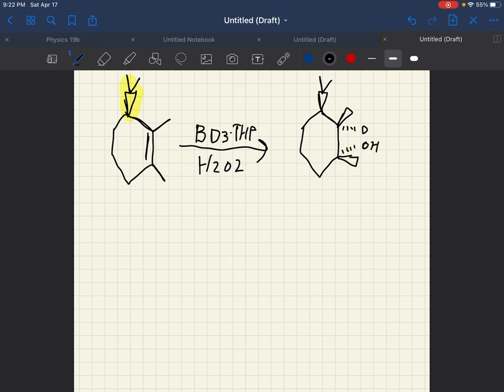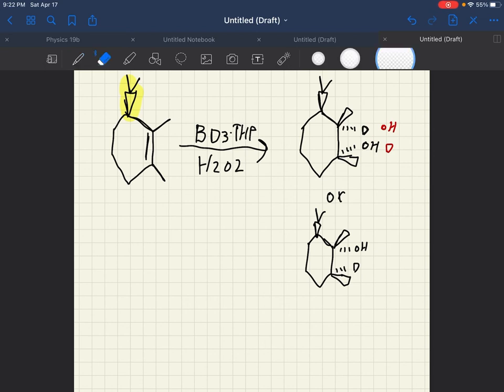And actually, the D could go here, or it could go here, and the OH could go here, or it could go here. And that's just because no matter where you put them, they're both equally stable. So it could go either way. So this would also be correct. You don't have to draw both of them, but just to show you that these would both be correct. And you would not lose points if you did it this way, because there is no real difference. Either one could happen. Now, there are no enantiomers for this, though. Remember that, because of that stereochemistry once again.